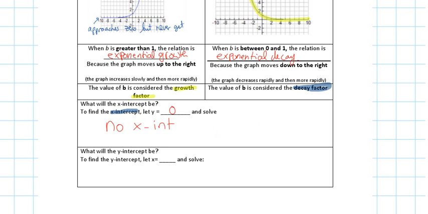Look at this: 0 equals 2 to the power of x, that's my first equation. So y is equal to 0. I'm going to have to find a value of x that would make this 0. On your calculator, do 2 to the power of whatever number you want. What did you pick? 2 to the power of 2, and you got 4.